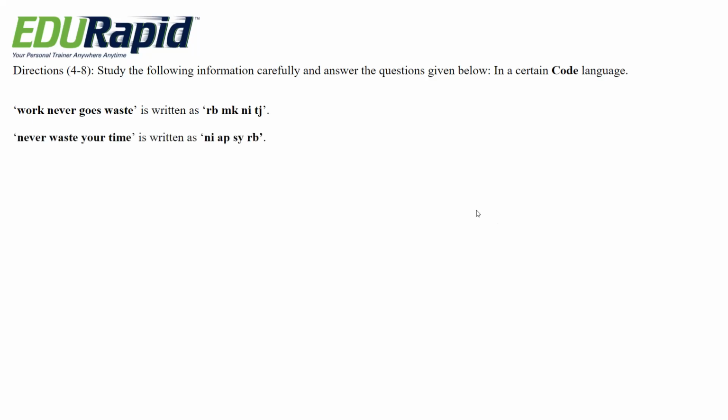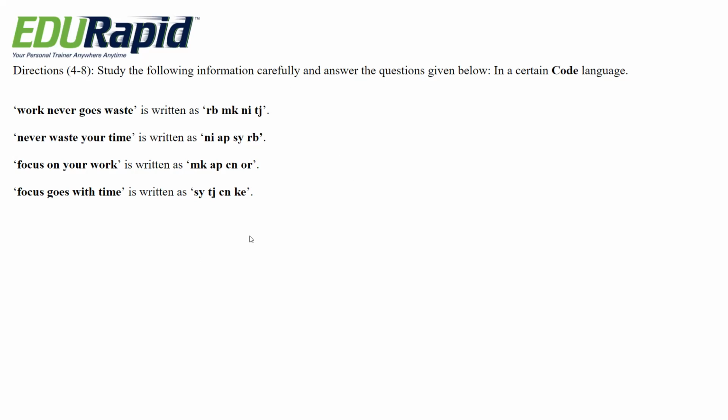Second one, never waste your time is written as NI, AP, SY, RB. Focus on your work is written as MK, AP, CN, OR. Next one, focus goes with time is written as SY, TJ, CN, KE.